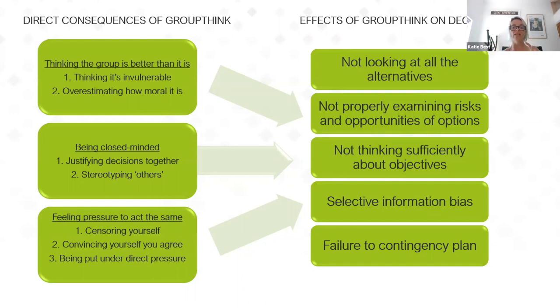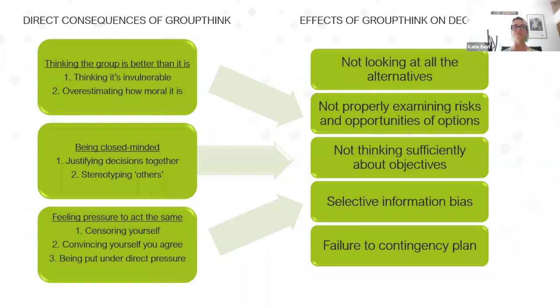So groupthink, this idea that we all come to a shared conclusion that isn't necessarily the best one and that we don't all buy into. The direct consequences of groupthink are three major categories. Firstly, it can lead us to think that the group is better than it is.